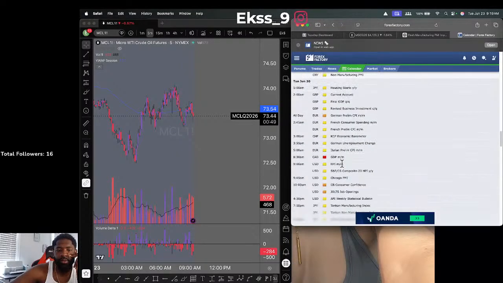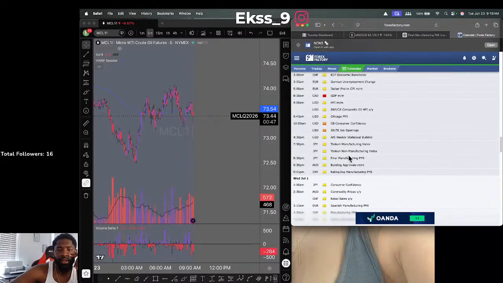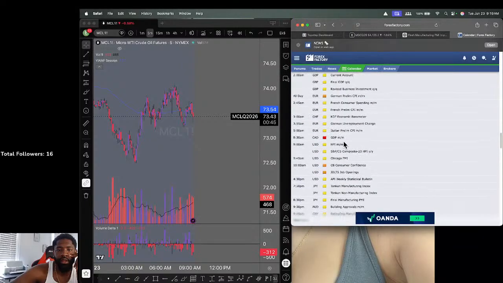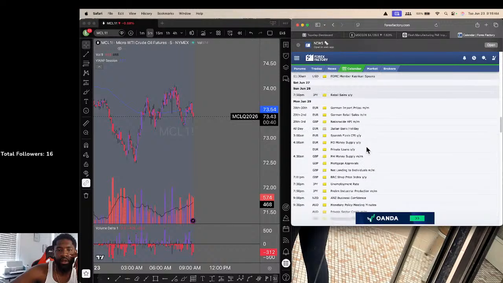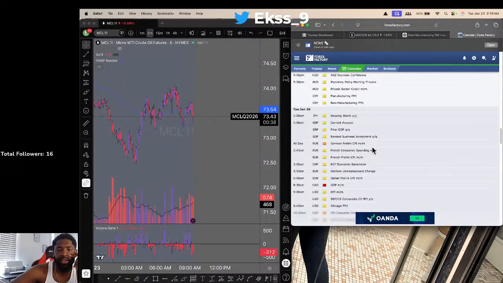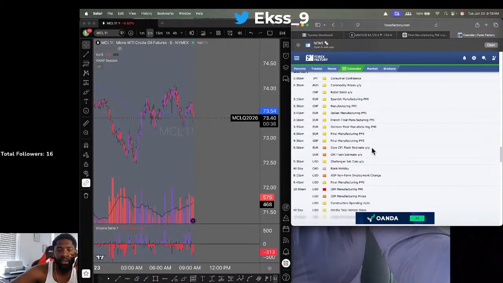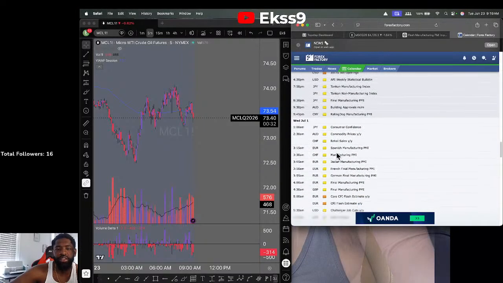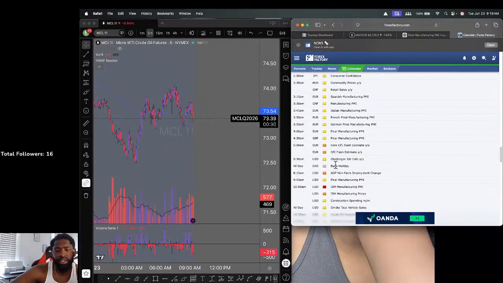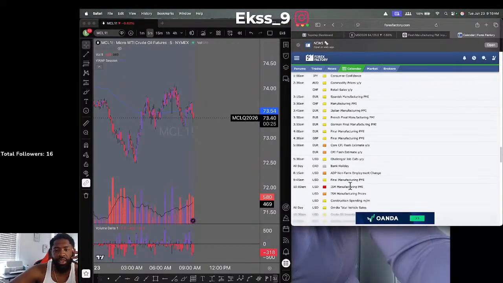Let's see. Okay, so maybe not exactly a week. Yes, there we go. It won't be the 30th, but it'll be Wednesday, July 1st. So it says final manufacturing PMI and then ISM manufacturing PMI.